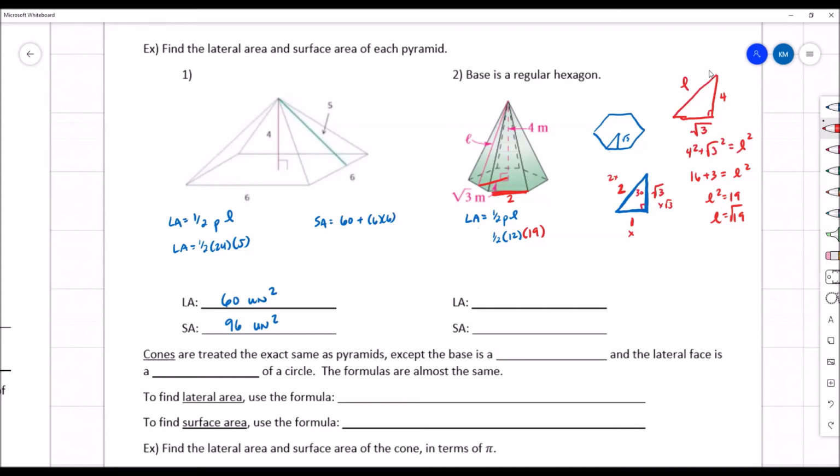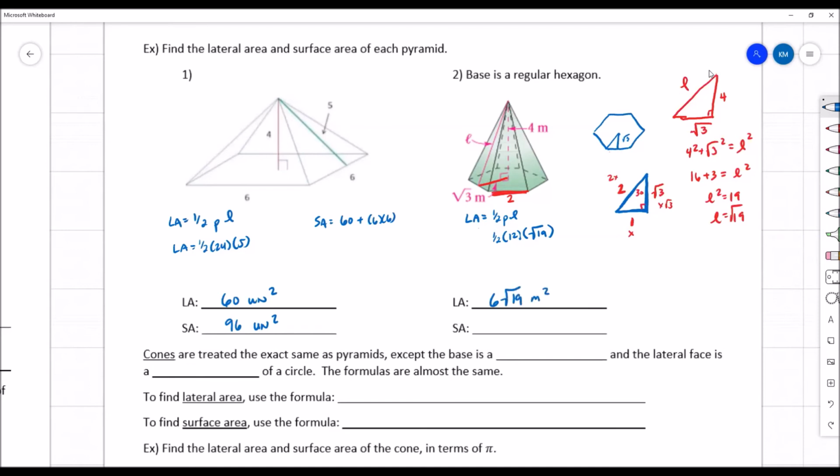So doing all that, multiply these together, we see that our lateral area should be 140. Nope, that's not right. I said 19 instead of radical 19. So it should be 6 radical 19.